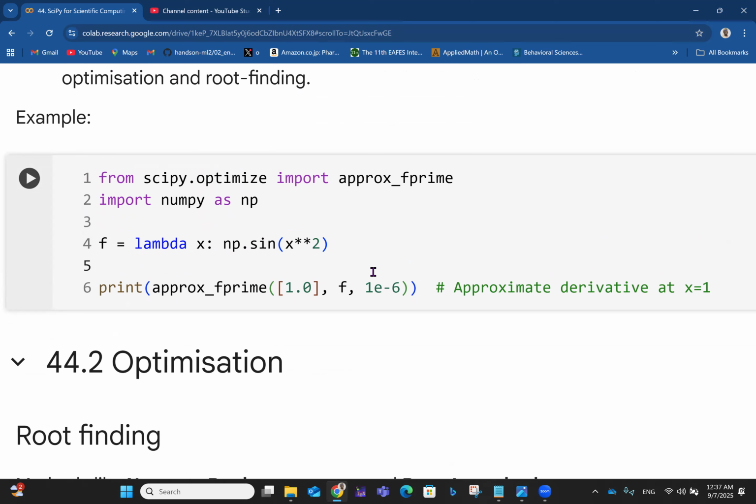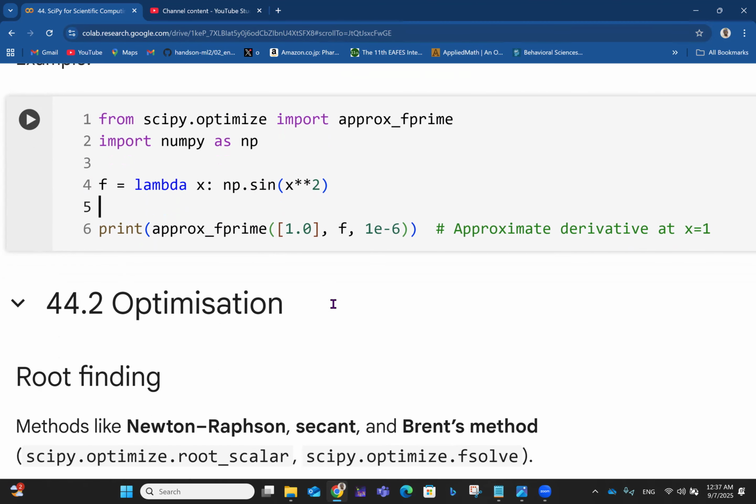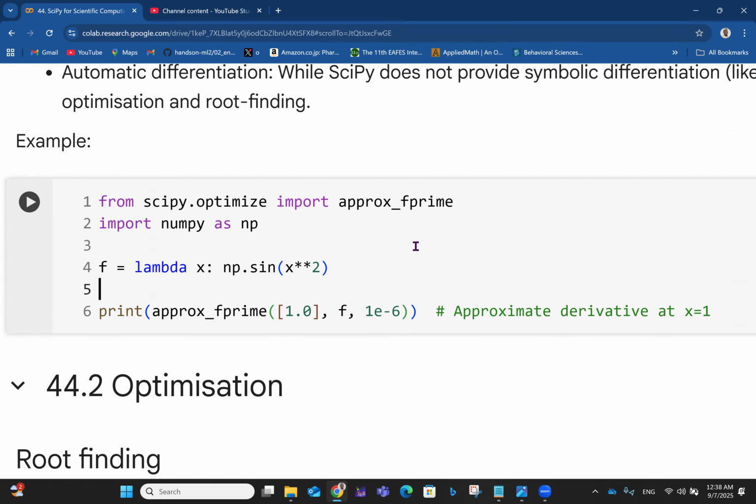But then we want to do that numerically. So we say print approx_fprime. f prime is like differentiation. Of course, this is a bit different from the SciPy derivative I talked about. I think that wasn't working, so that's why I had to go for this. Then you differentiate this function, and you have a tolerance limit of 1e raised to the power minus 6, right?